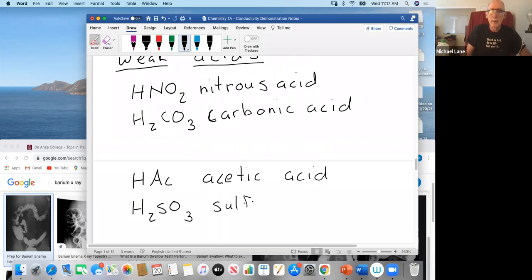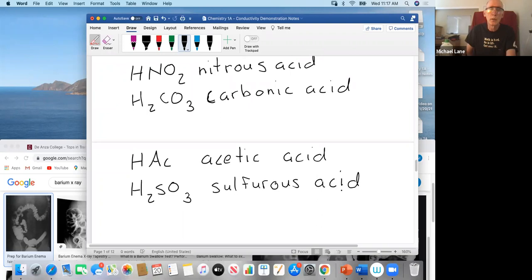Now, whereas the list that I gave you for the strong acids is as complete as we need it to be, what you need to know is if it's not one of the strong acids, then it is a weak acid. I can't list all the weak acids because there are literally thousands, if not tens of thousands of weak acids. So something is a weak acid if it's not listed amongst those very few strong acids.